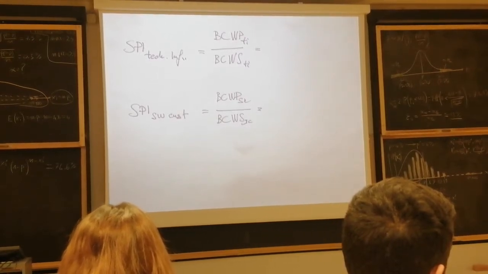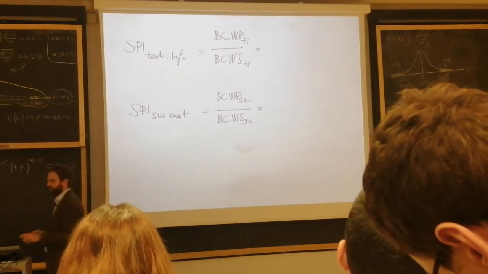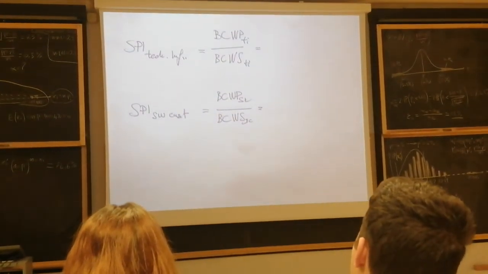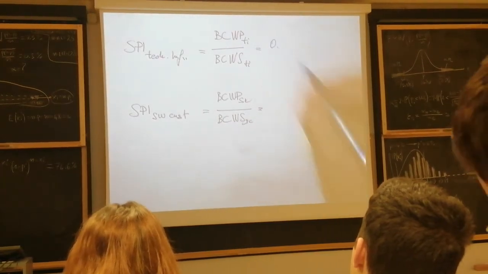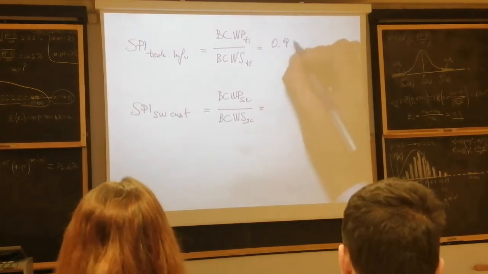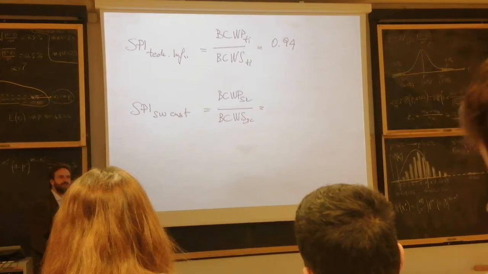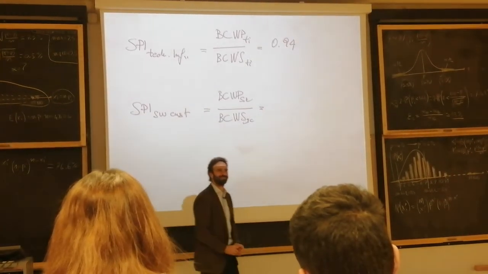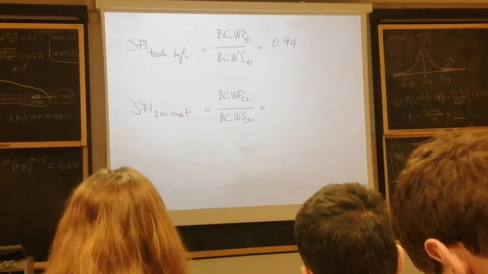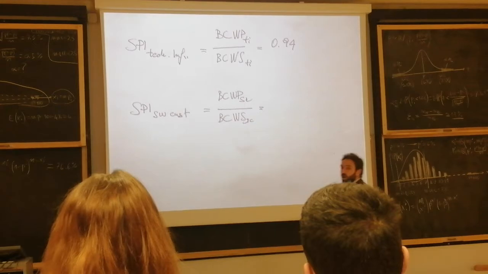So technical infrastructure, is it greater or less than 1? Less. Is the technical infrastructure late or not? Yes. And how much is it? 0.94. And the software? Listen, I don't care. It's probably earlier. 1 point something, right? 1.2, 1.3.